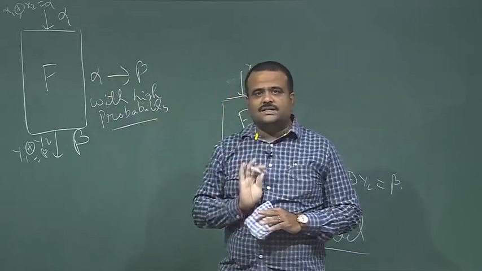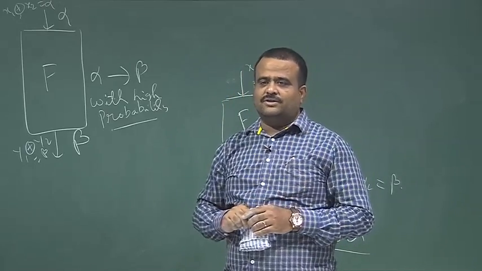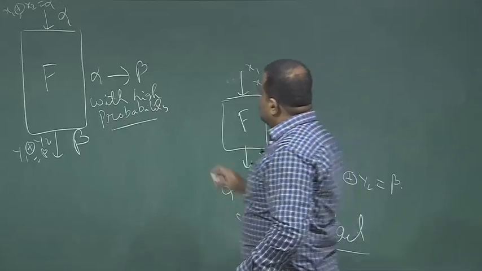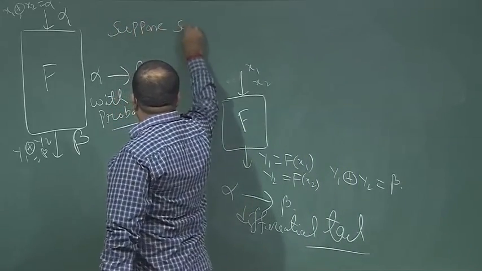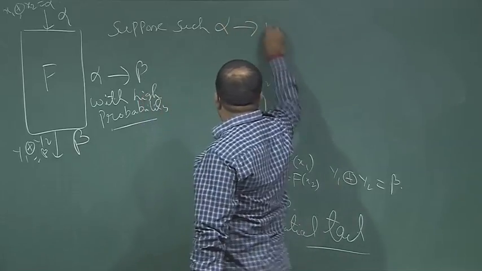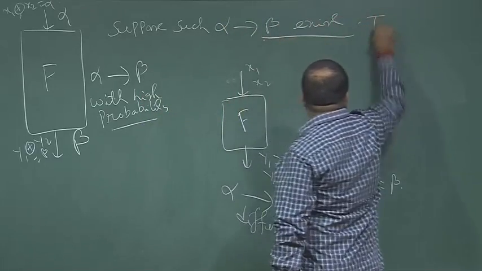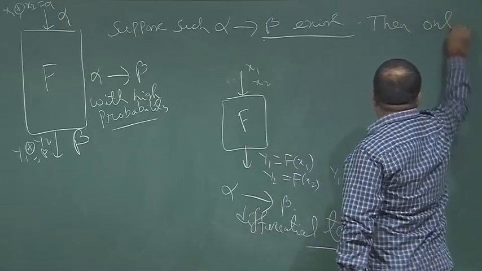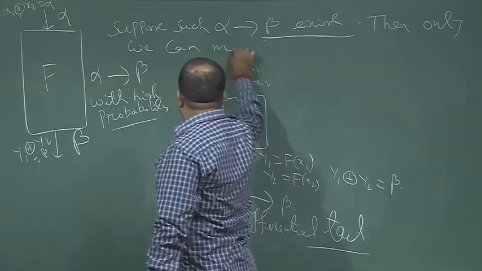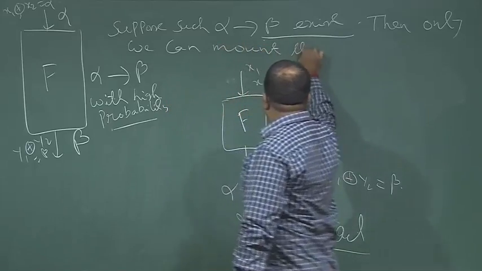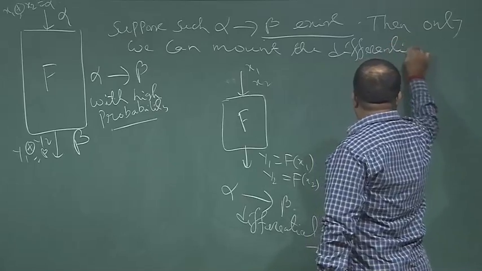Suppose such alpha beta exists, then only can we mount the differential attack on this block cipher. How to attack? We will come to that.